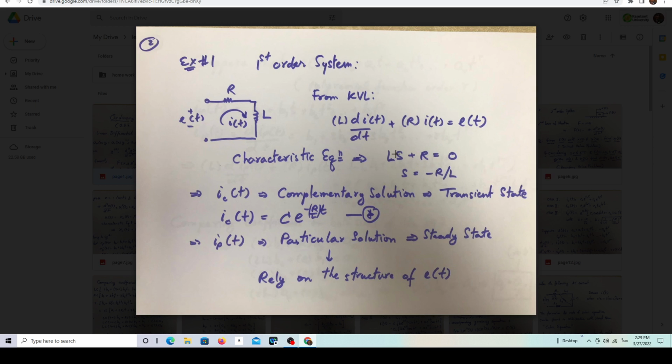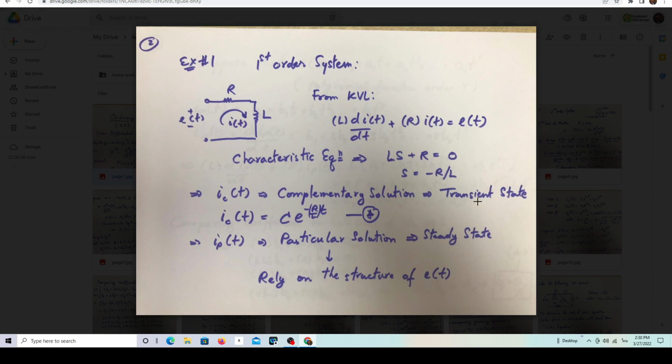You're looking for the value of s. Just move R to the right hand side, it becomes minus R, then divide by L on both sides, so you get s equal to minus R over L. This is the way we solve for what we call the complementary solution.